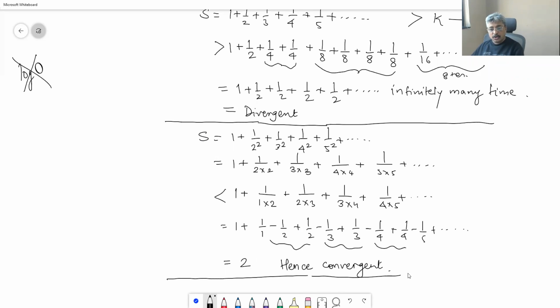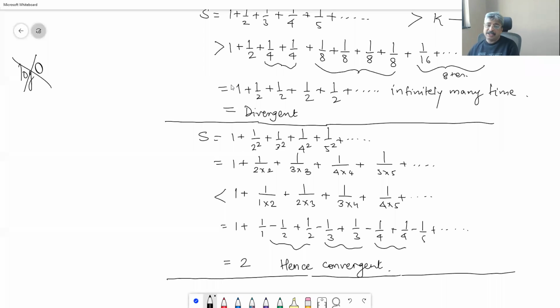Okay. So the idea here is, if you want to prove a sum convergent, then you prove that something bigger than that is also convergent. If you want to prove a sum divergent, then you prove that something less than that also tends to infinity.